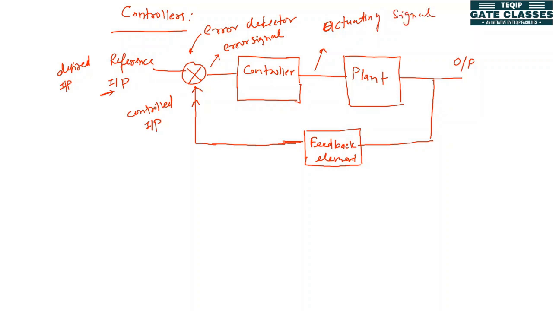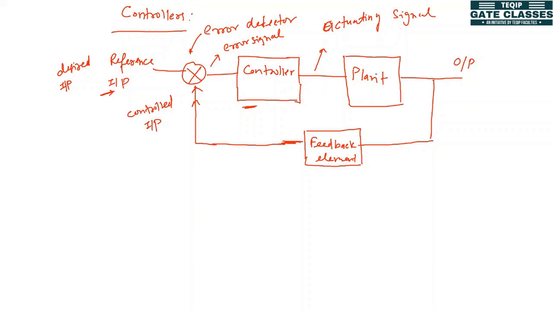So what does the controller do? Suppose we have a plant. Plant may be a collection of elements which is used to perform a task.